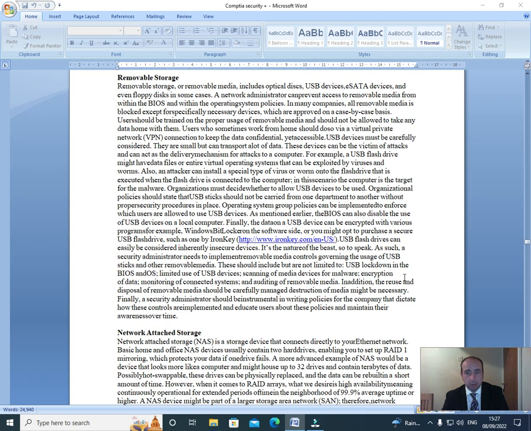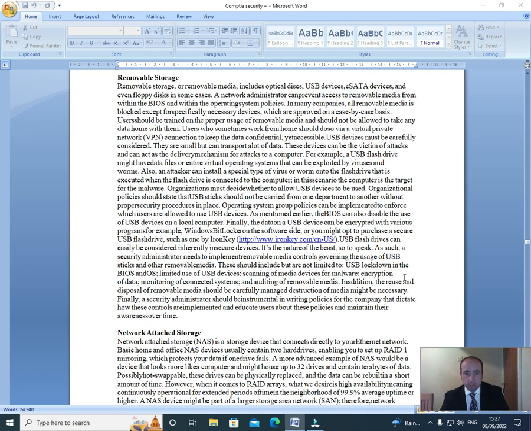In many companies, all removable media is blocked except for specifically necessary devices which are approved on a case-by-case basis. Users should be trained on the proper usage of removable media and should not be allowed to take any data home with them. Users who sometimes work from home should do so via a virtual private network (VPN) connection to keep the data confidential yet accessible.